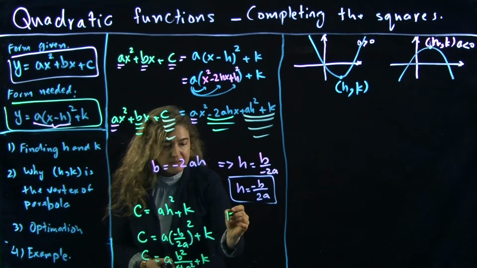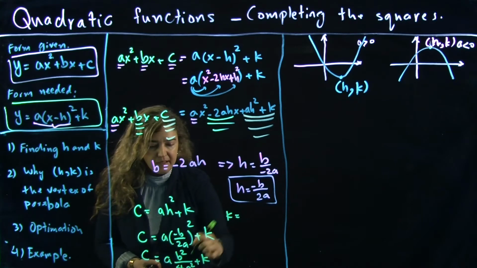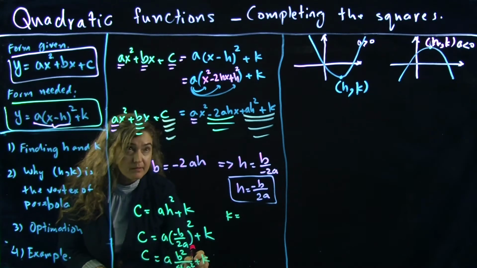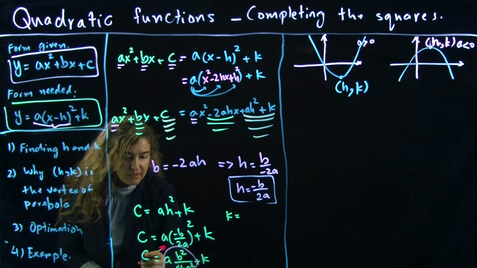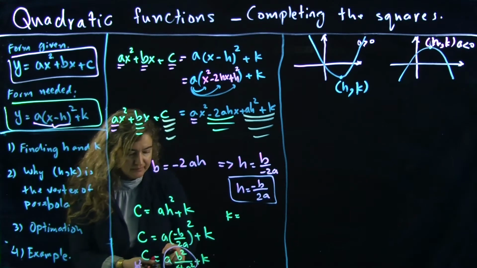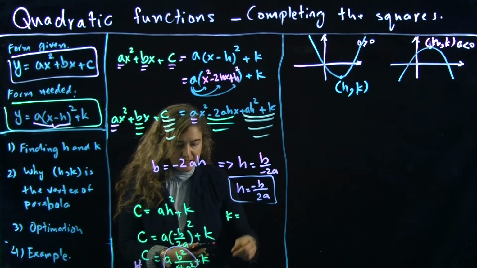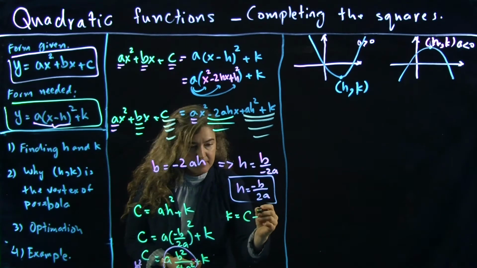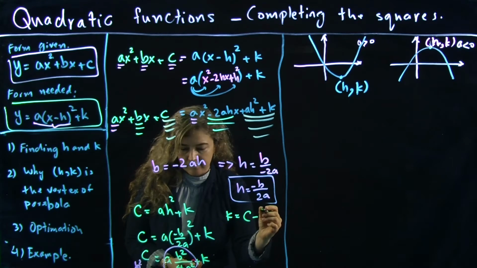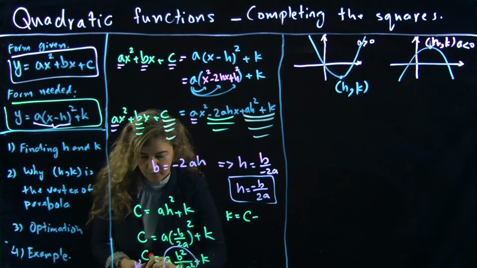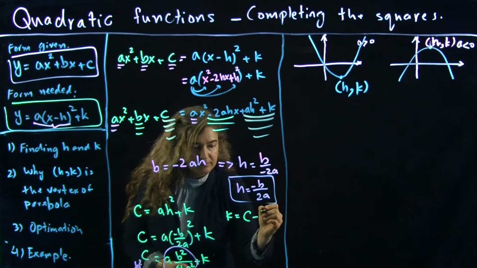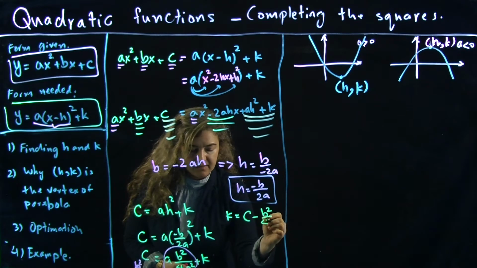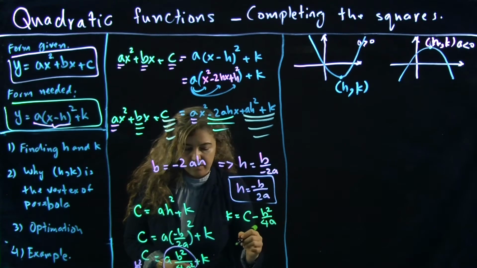Solving for k gives me, and this entire thing is b squared divided by 4a, so it would be c minus b squared divided by 4a.